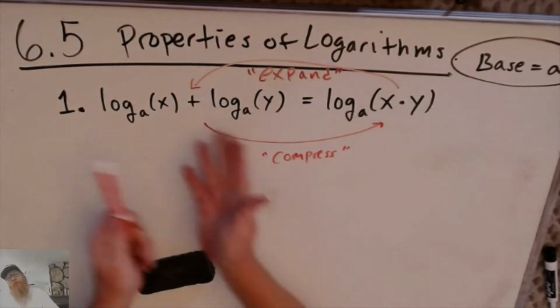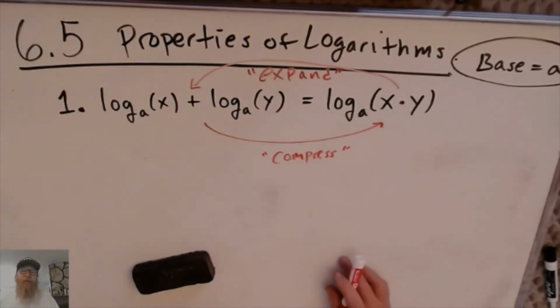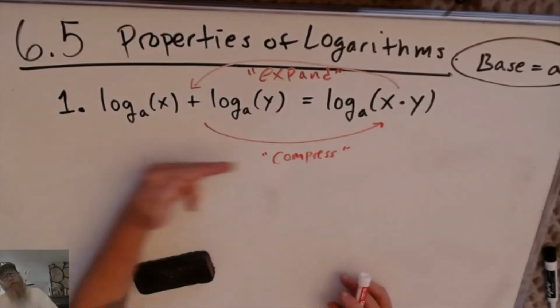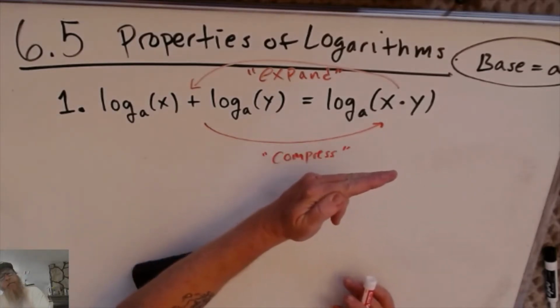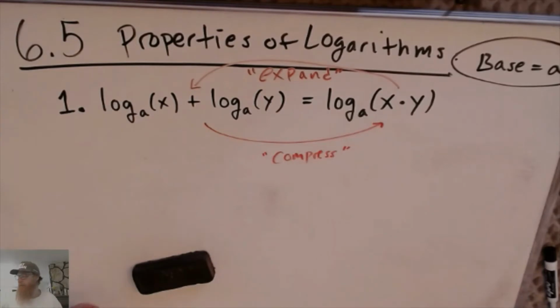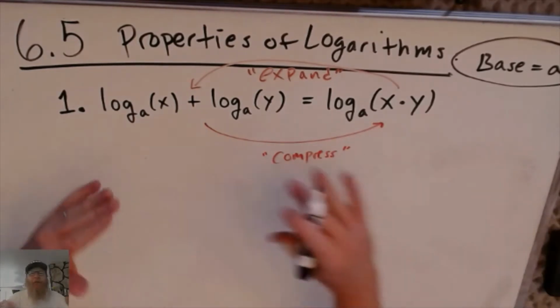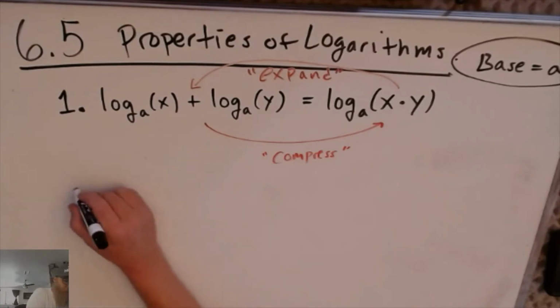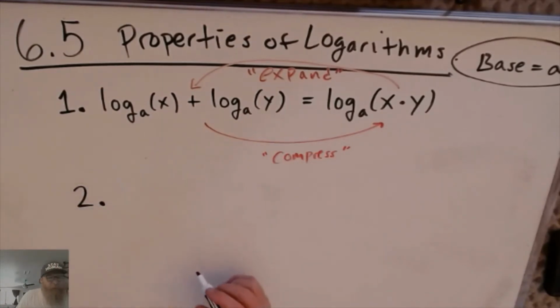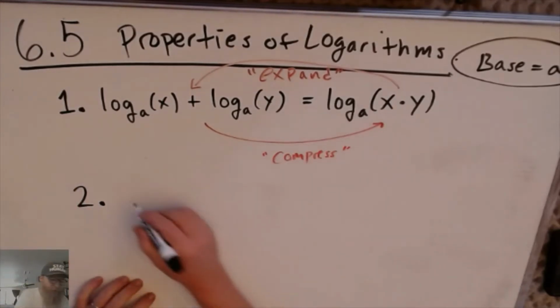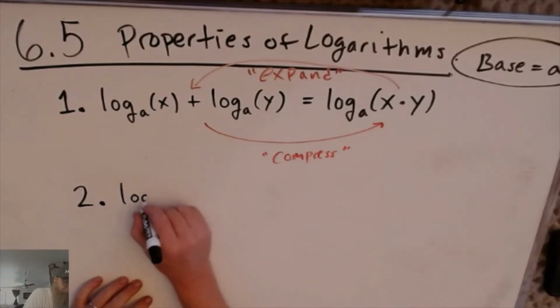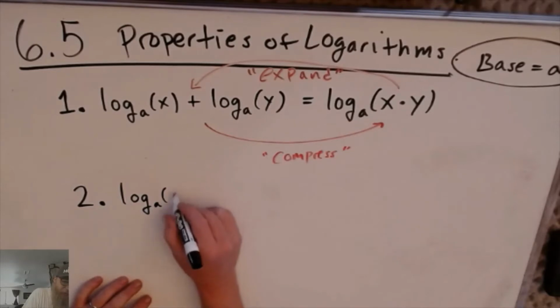So we have two ways of looking at this property. It just depends whether you're going from left to right, compressing, or back the other direction, expanding. Let me write down all the properties, and then we'll use them. There are three properties today, or three in this presentation. There are certainly going to be more than three by the time we're done, but three on this page.